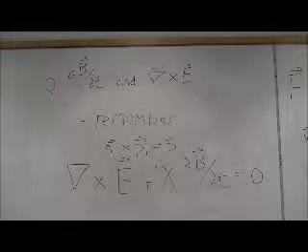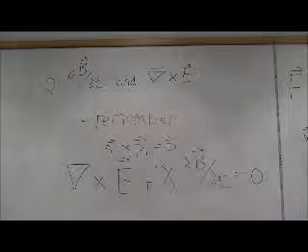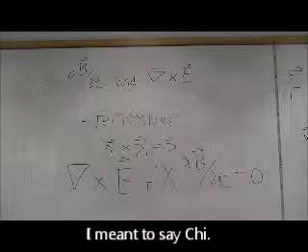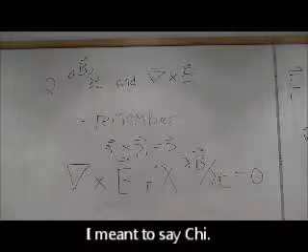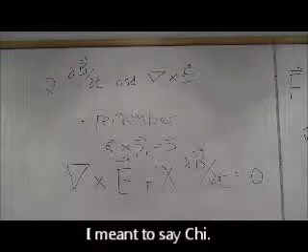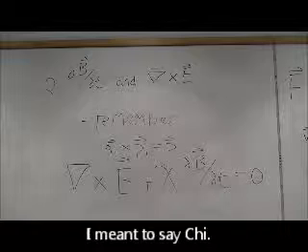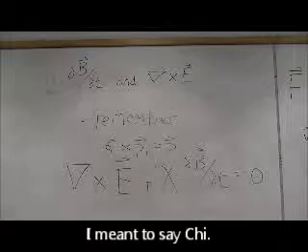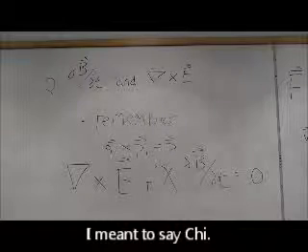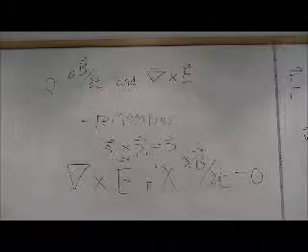So because a field-generating axial vector does not exist, the heuristic demand for simplicity and linearity leads us to the equation: the curl of the electric field plus chi multiplied by the partial derivative of the magnetic field equals 0, where chi here is the undetermined constant.